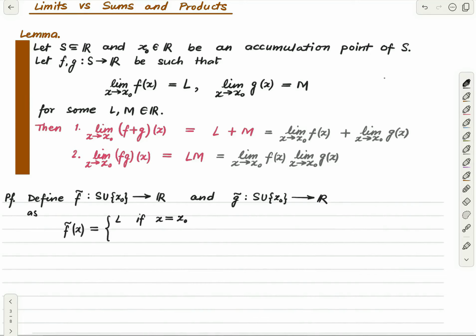At x0 it is the limit of the function f as x approaches x0, and apart from that it just mimics the function f. And a similar definition for g tilde.